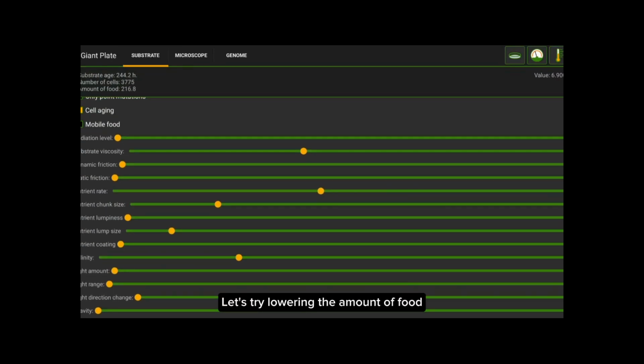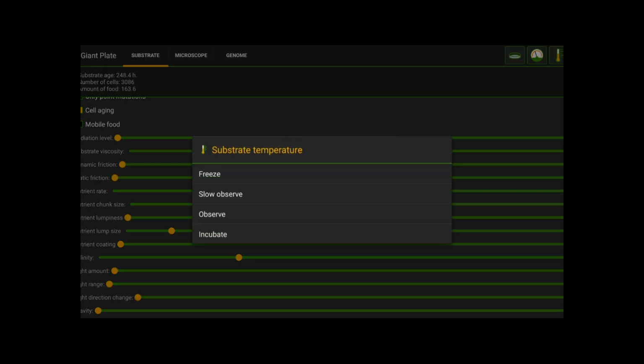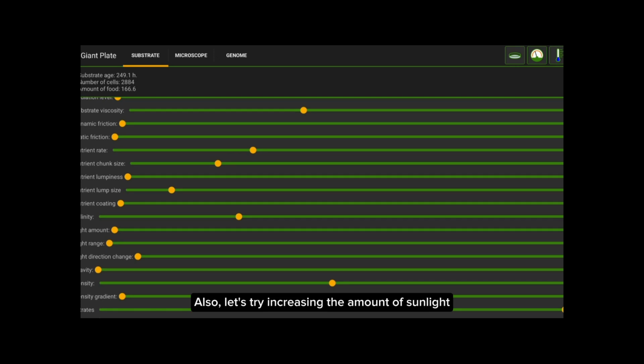Let's see what would happen if I lowered the amount of food. Also, let's see what kind of organisms would emerge if we increase the amount of sunlight.